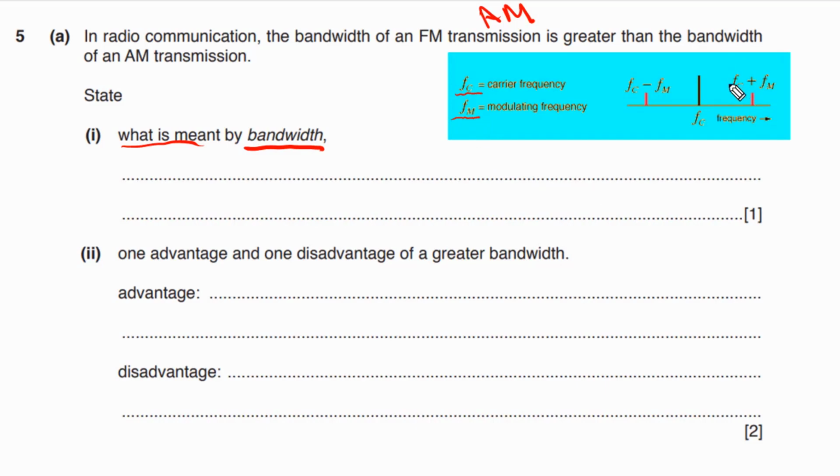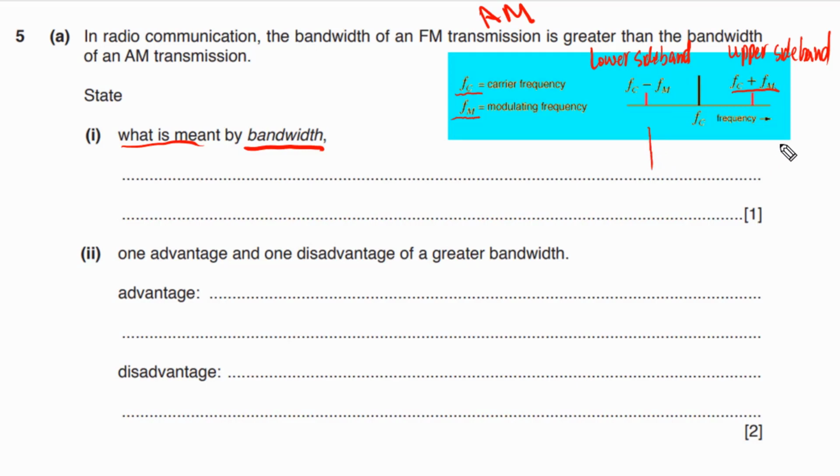If we look at this frequency spectrum, you can see on one side we have upper sideband, and the frequency of upper sideband is simply equal to sum of these two frequencies. And this side we have lower sideband, and the frequency of lower sideband is simply equal to frequency of carrier wave minus frequency of signal.